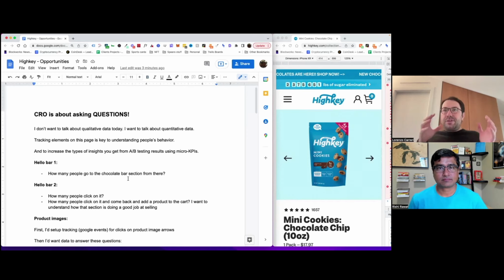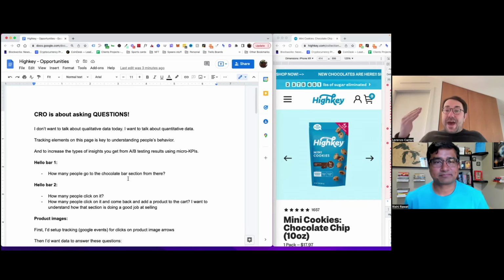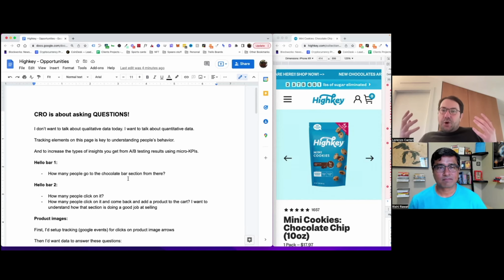But the other important thing around asking questions is that you first need to set up a bunch of tracking around those questions. And the benefit of tracking is also that when you start tracking micro KPIs, micro actions that people do on a website, and you start running experiments around that, those small micro conversions will tell you a better story when you compare control with variation once you have concluded an experiment.